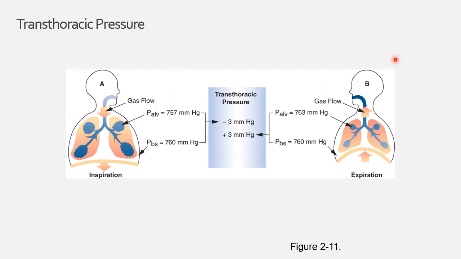On expiration, pictured here in part B, gas is flowing out. The alveolar pressure is actually higher than the body surface pressure. The alveolar pressure is 763. The body surface pressure, or atmospheric pressure, is 760, creating a +3 transthoracic pressure.